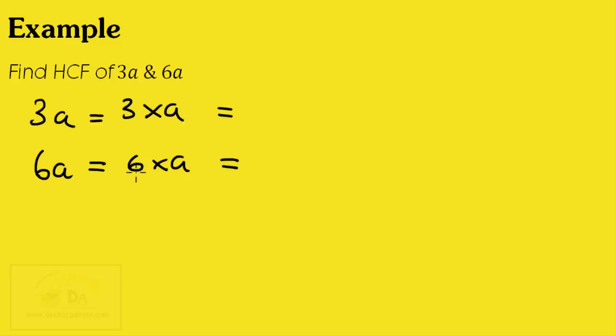6, however, is not a prime number and has the factors 2, 3, and 6. Of these factors, only 2 and 3 are prime numbers. So therefore, only 2 and 3 are prime factors of 6.